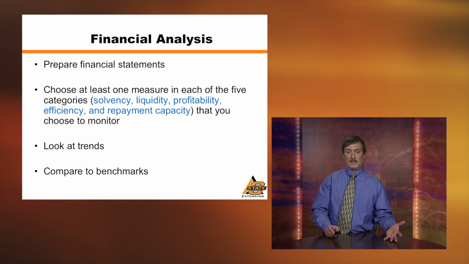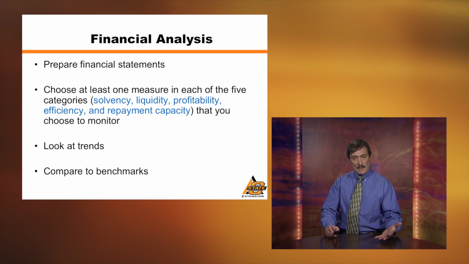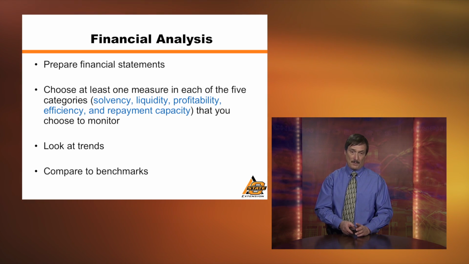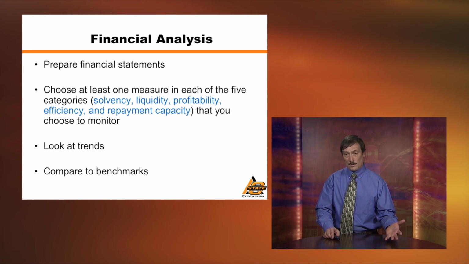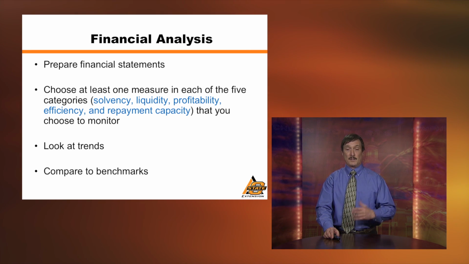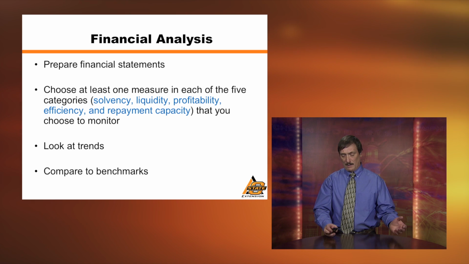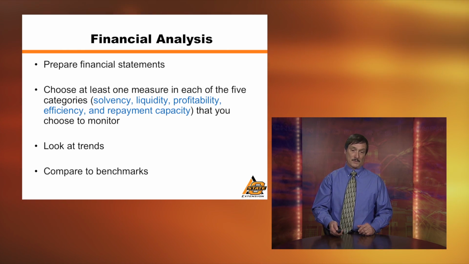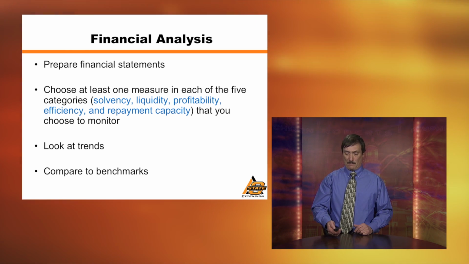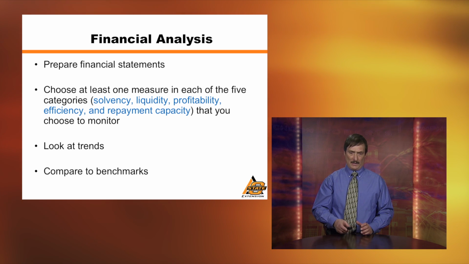You use that information to look at trends. You use that information to compare yourself to benchmarks, either benchmarks that you've set for yourself, your own budgeted standards, or industry benchmarks, competitive firms, comparative farms, recommendations from ag professionals out there in the industry.